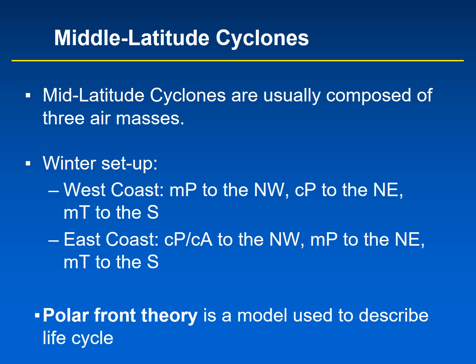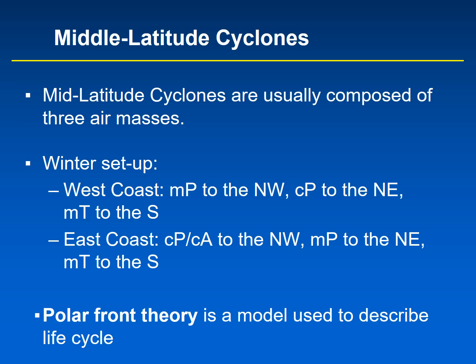Polar front theory is a model used to describe the life cycle of a mid-latitude cyclone. Back in the early 1900s, a group of meteorologists developed a model that helps explain the life cycle of a middle latitude cyclone.